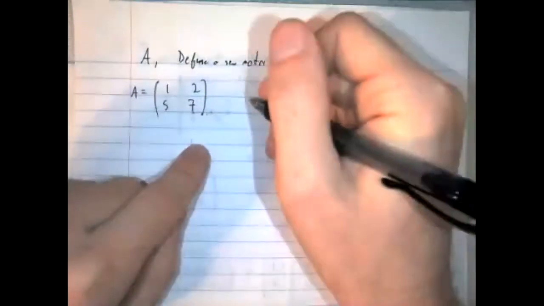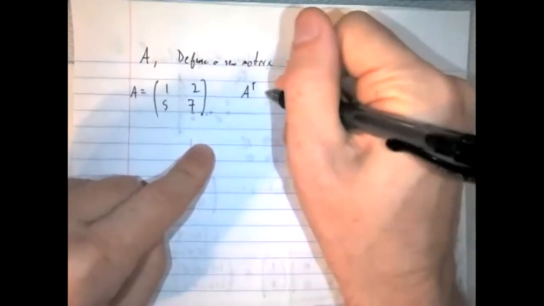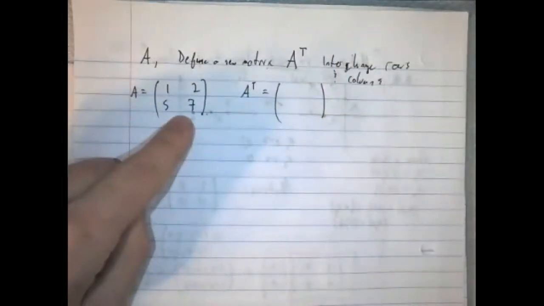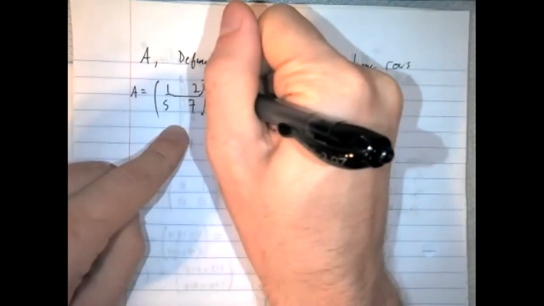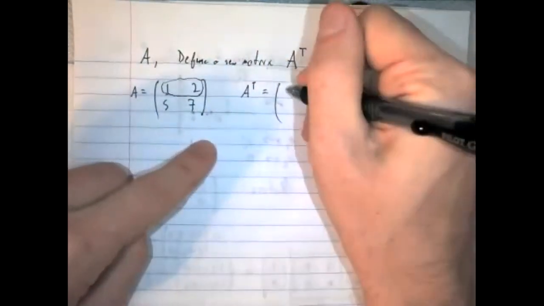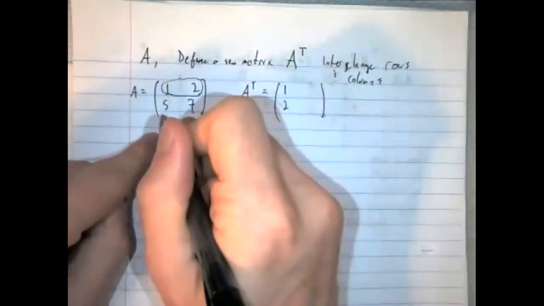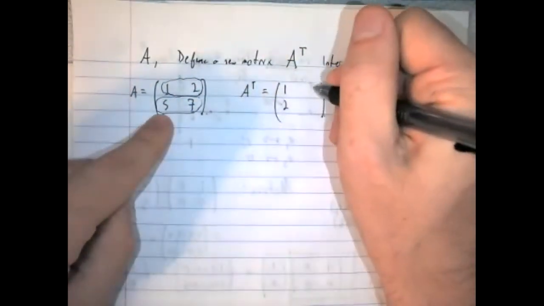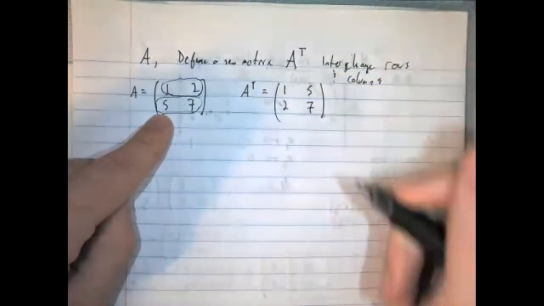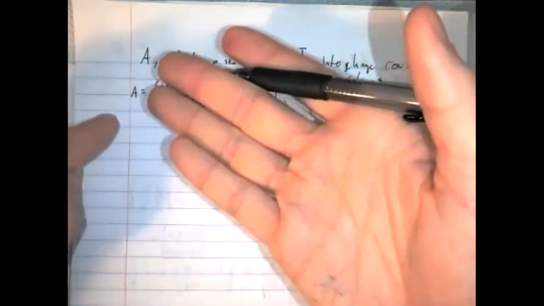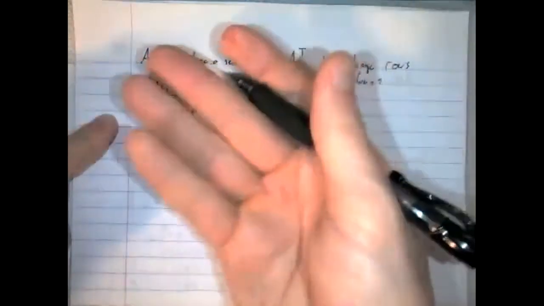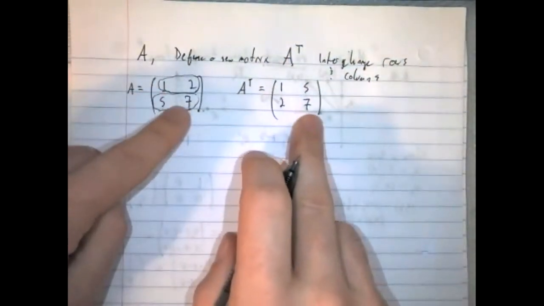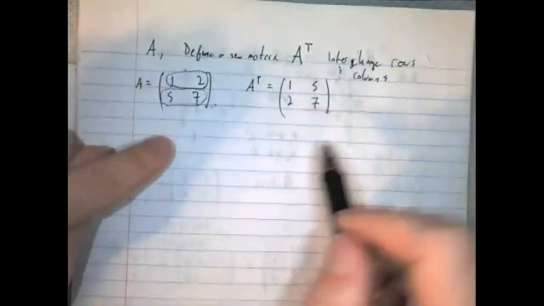So if I start off with A being the matrix 1, 2, 5, 7, what is the transpose? Well, this first row will become the first column, so 1, 2. And this second row will become the second column, so this is 5, 7. You see that I've essentially flipped over the main diagonal. The diagonal entries stay the same, but the off-diagonal entries end up being flipped.